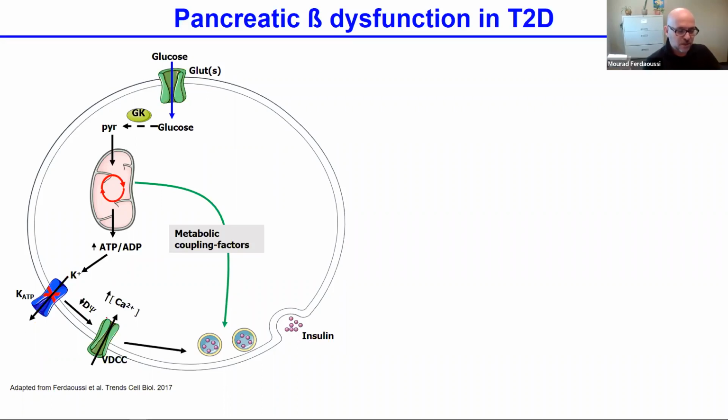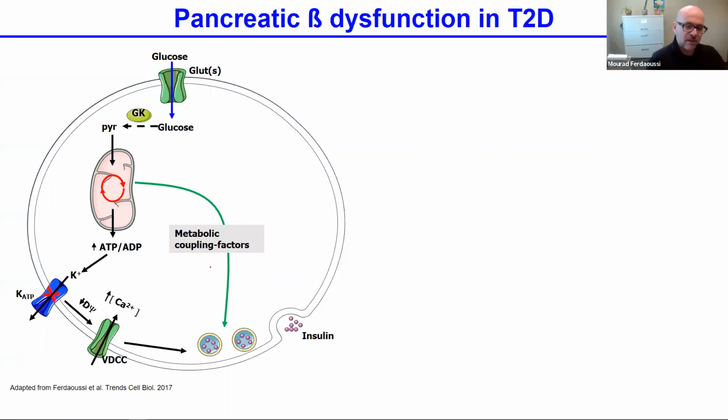This membrane depolarization triggers the opening of the voltage-dependent calcium channel, and the intracellular increase of calcium concentration triggers the release of insulin granules by exocytosis. This is what we call the triggering pathway, and the amplitude of insulin secreted is modulated by the metabolic coupling factor, the arrow that I showed you in the previous slides. This metabolic coupling factor can enhance and amplify insulin secretion.